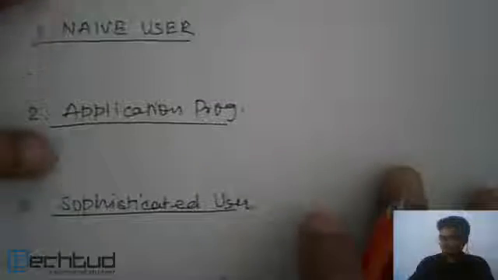The first one we have is the naive user. The naive user has only the permission to see.